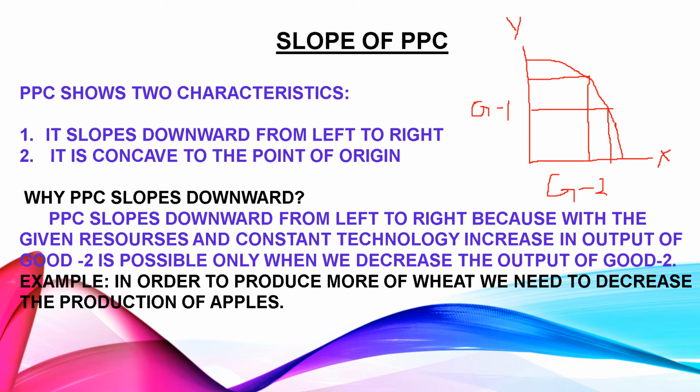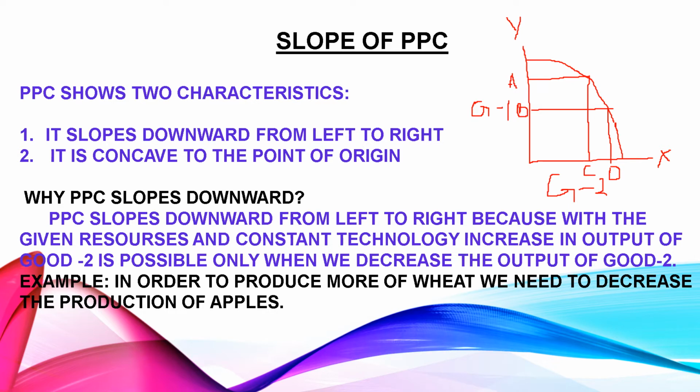So the production of good 1 has reduced from point A to point B, and the output of good 2 has increased from point C to point D. So in order to increase the output of good 2 from point C to D, we have to reduce the output of good 1 from A to point B. Example, in order to produce more of wheat, we need to decrease the production of apples.